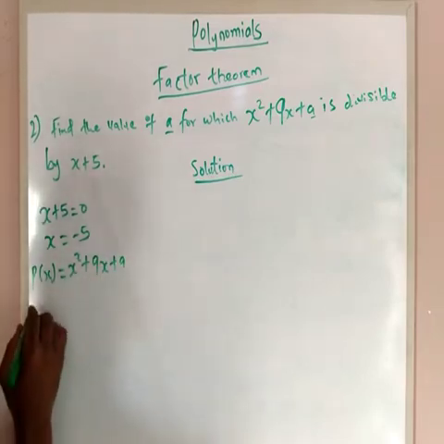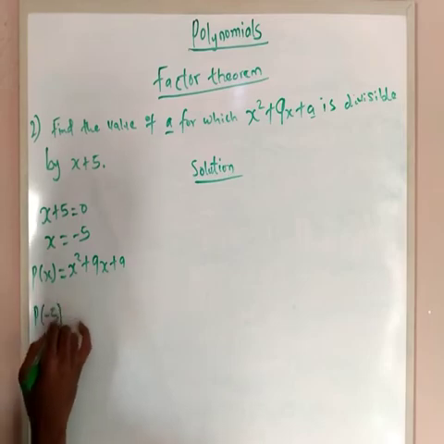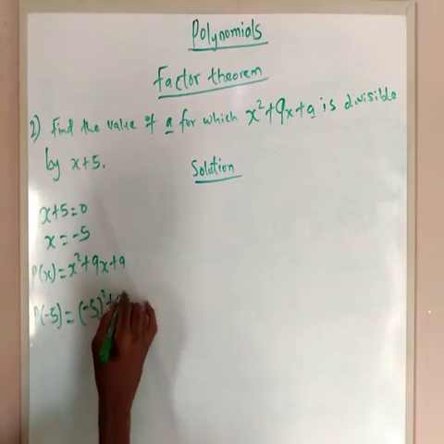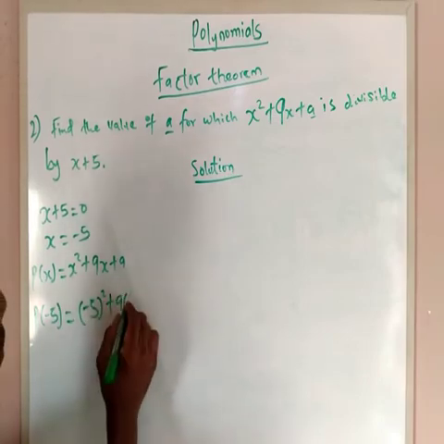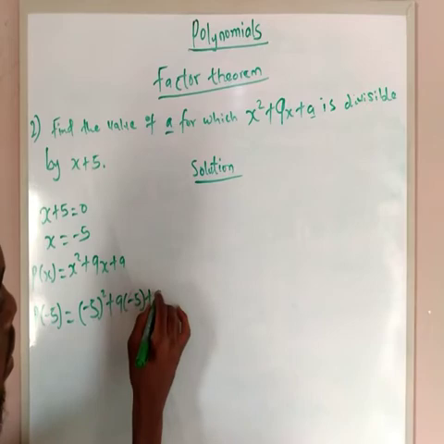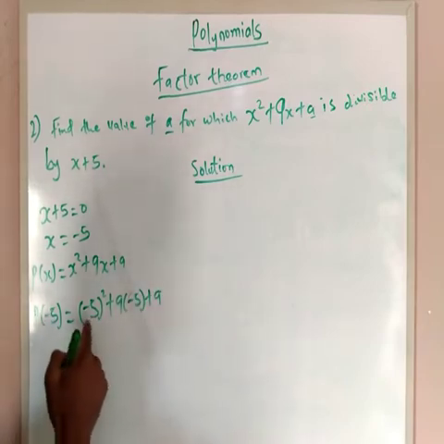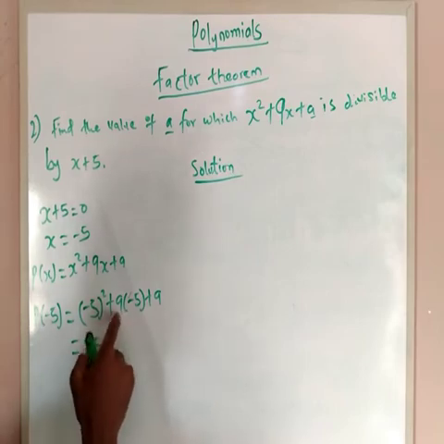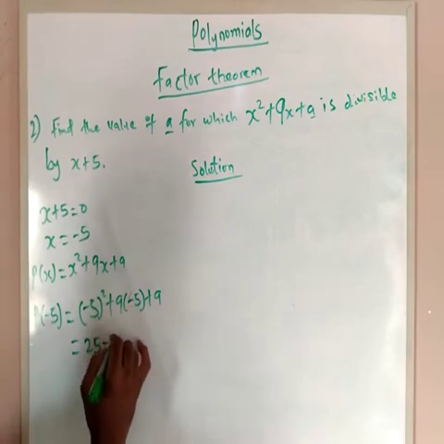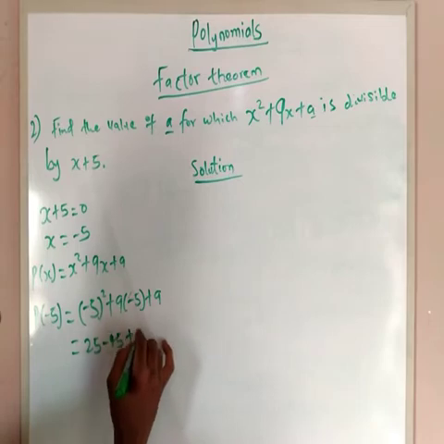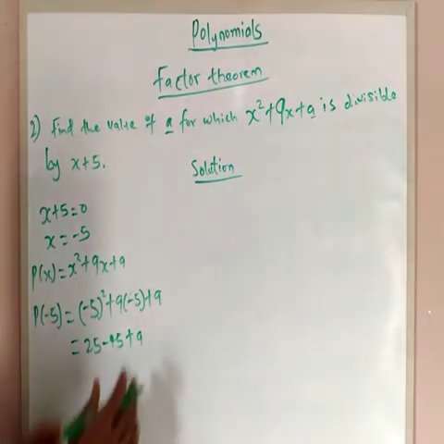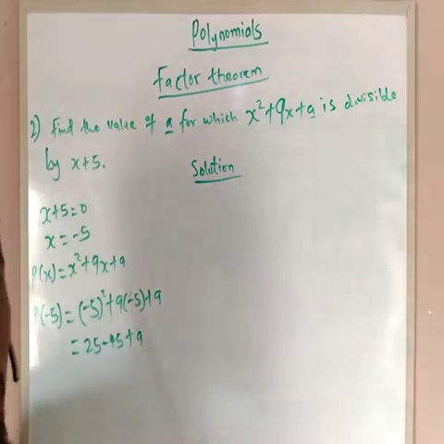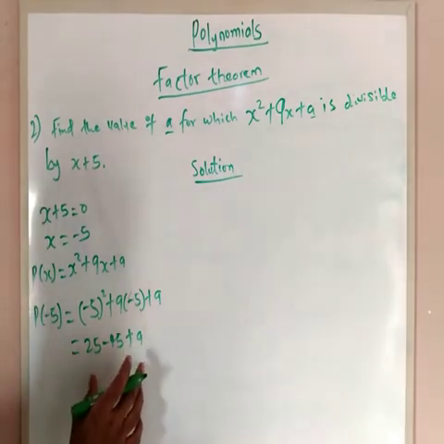So now our p of minus 5 will be equal to minus 5 squared plus 9 into bracket minus 5 plus a. That will give us minus 5 squared, that will be 25. 9 times minus 5, that will be minus 45 plus a. Then everything here must be equal to 0.